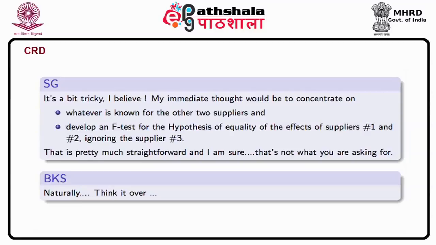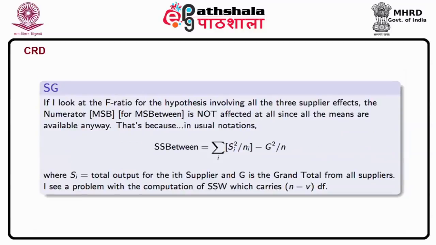Naturally. Think it over. If I look at the F ratio for the hypothesis involving all the 3 supplier effects, the numerator MSB, or MS between, is not affected at all since all the means are available anyway.